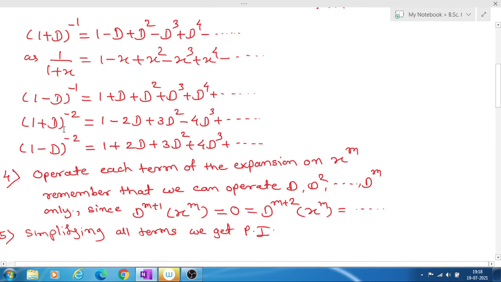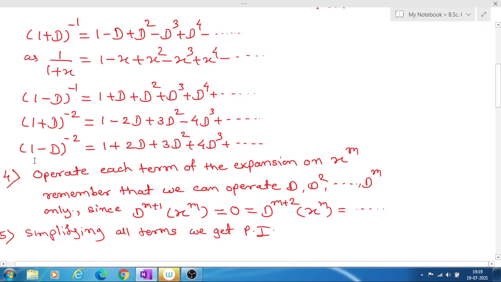Similarly, sometimes there will be (1 plus D) raised to minus 2. For that, remember the formula: it has alternating plus and minus signs, the first term is 1, then minus 2D, plus 3D square, minus 4D cube, and so on, all powers of D are there. The first term is 1, then the second coefficient is minus 2, then plus 3, then minus 4, then plus 5, then minus 6, and so on.